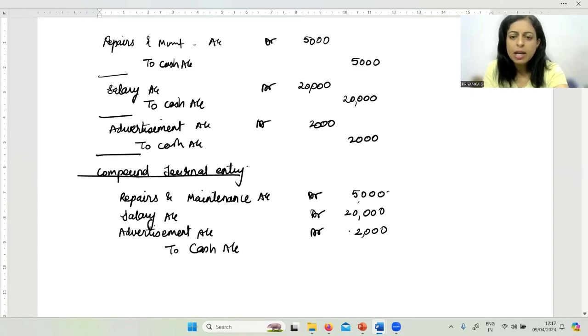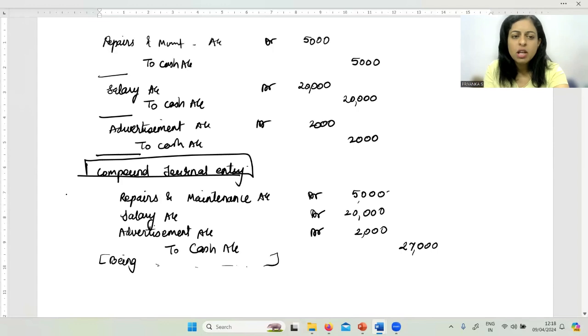Now what you will do is you will add up these. 20 plus 5 and 2 is 27,000, right? So this you will write: being amount paid for repairs, maintenance, salary, advertisement, and you will close the bracket. So you write the narration. Fine. So this is how a compound journal entry is written.